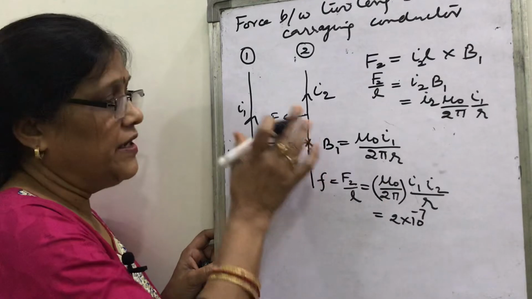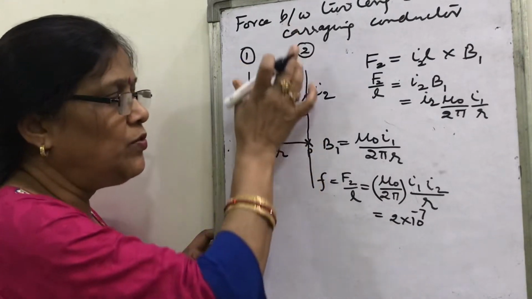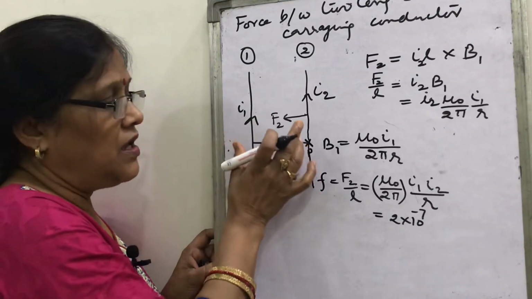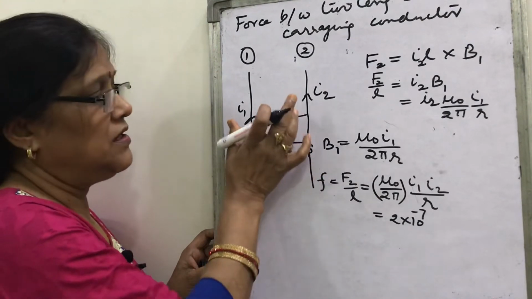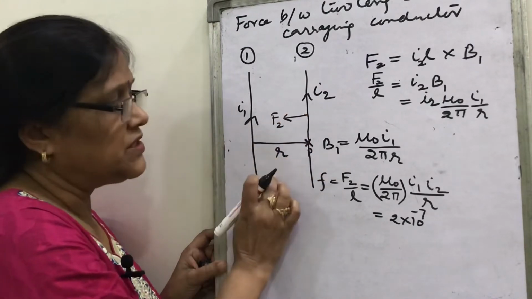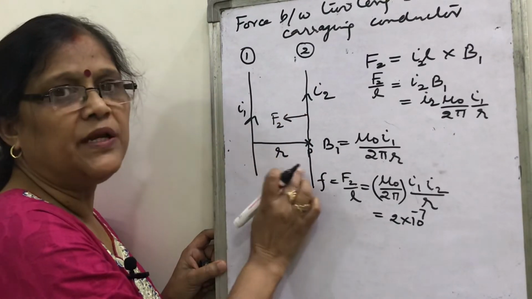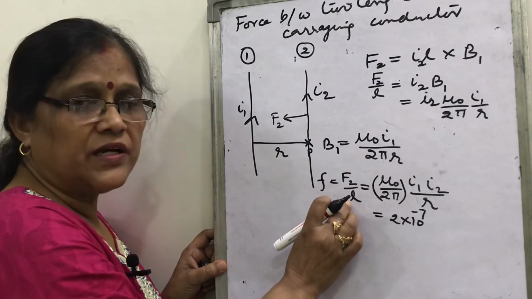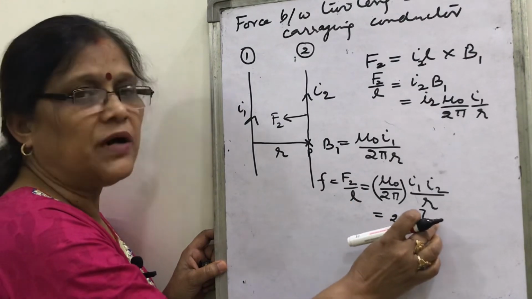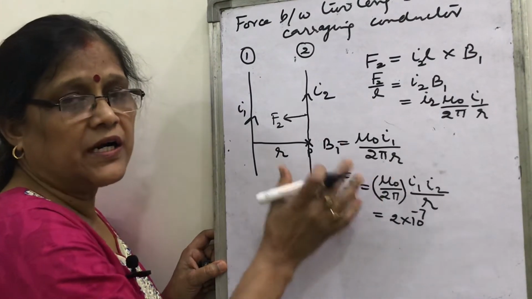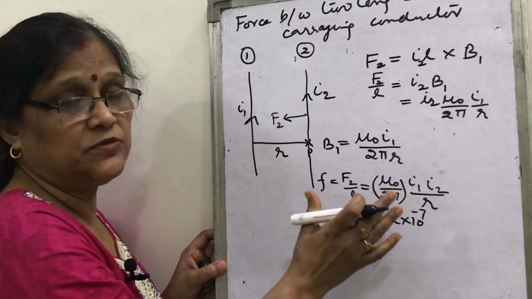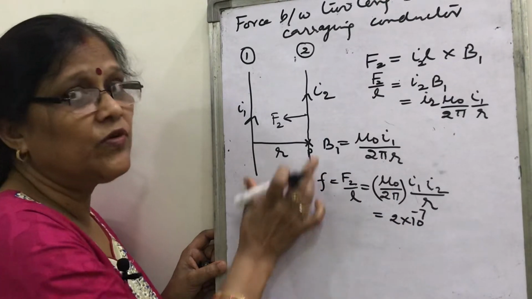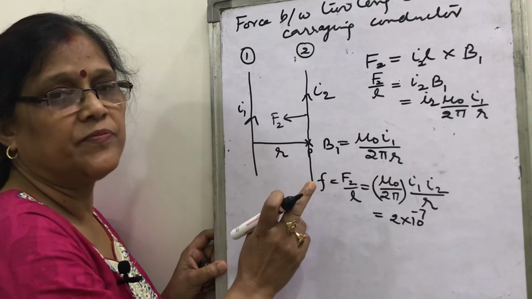So listen again, in air or vacuum, if two long straight current carrying conductors having current are placed parallel to each other at the distance of 1 meter apart from each other, then if on their unit length the 2 into 10 to the power minus 7 Newton force of attraction or repulsion acts, then current flowing through them is 1 ampere.